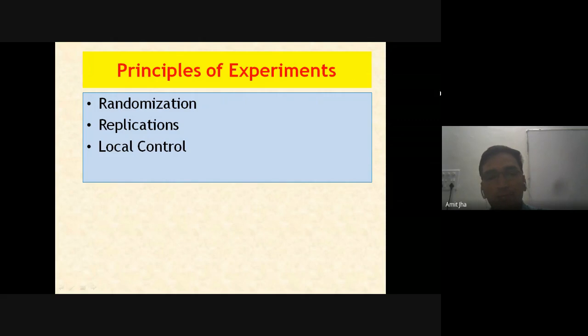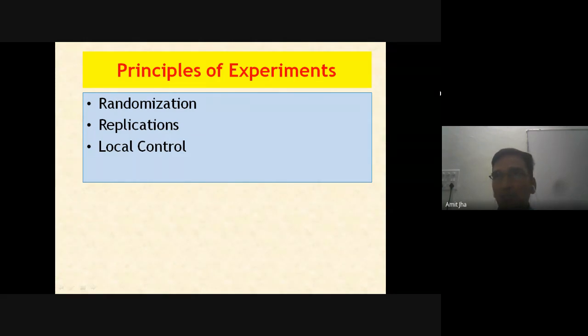Now coming to the principles of experiments. When we conduct an experiment, we cannot conduct it haphazardly, because the results should be such that they can be generalized. For that, there are some principles: randomization, replication, and local control. Randomization never means haphazardly.